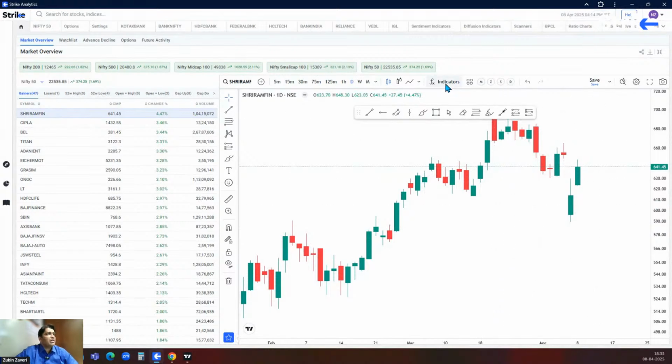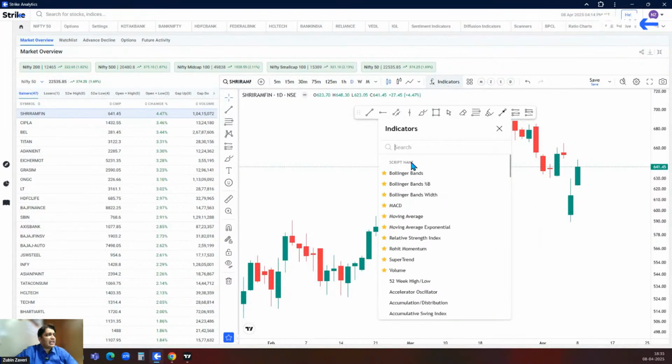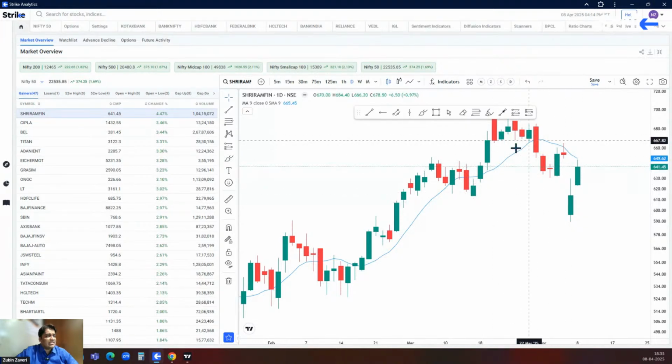There are indicators, and in indicators there are moving averages and exponential moving averages. So a moving average is basically a simple moving average. Let's say I click on it, so that's a 9 period moving average. It means that this blue line, which is called a moving average, takes the closing price of the last 9 days: 1, 2, 3, 4, 5, 6, 7, 8, 9.